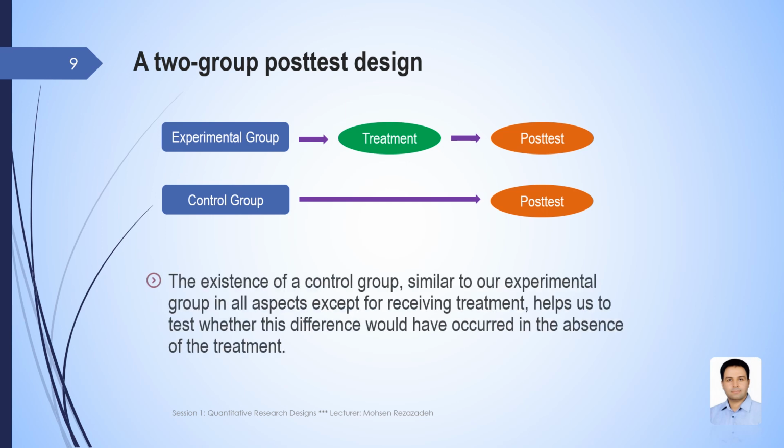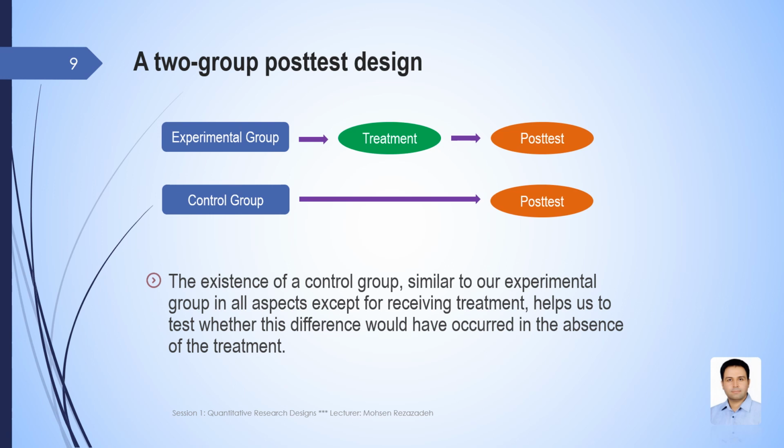The existence of a control group here, similar to our experimental group in all aspects except for receiving the treatment, helps us to test whether this difference would have occurred in the absence of the treatment. That is, we compare the two post-tests to see if they are different or not.